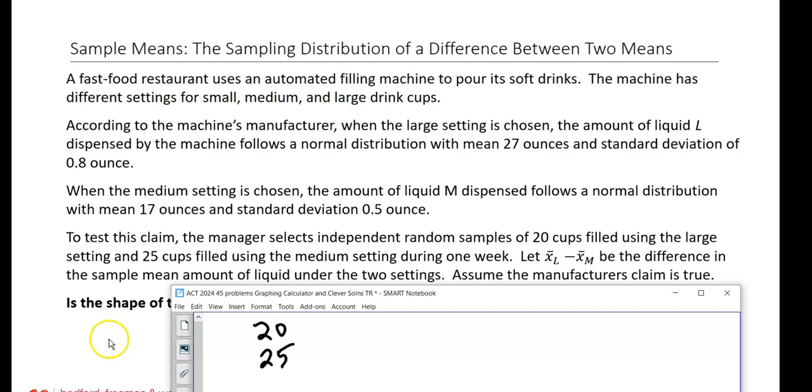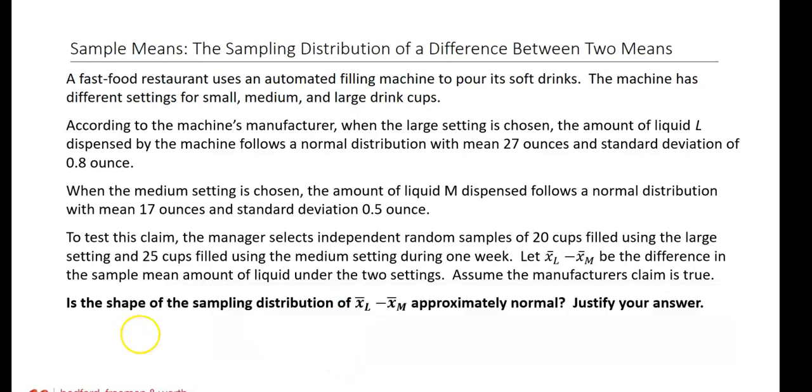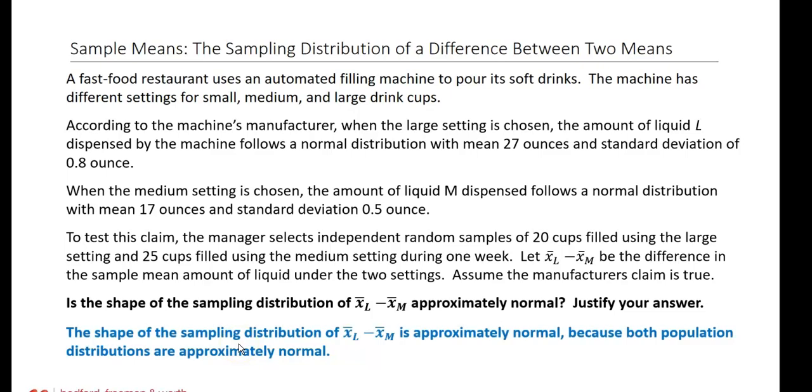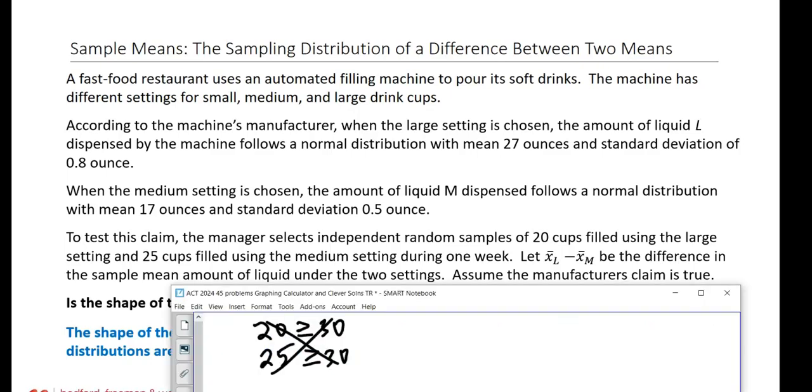So is the shape of it normal? They both have to be at least 30. It doesn't look like it passes, right? So this is interesting, right? It doesn't pass by the central limit theorem. They're not at least 30.